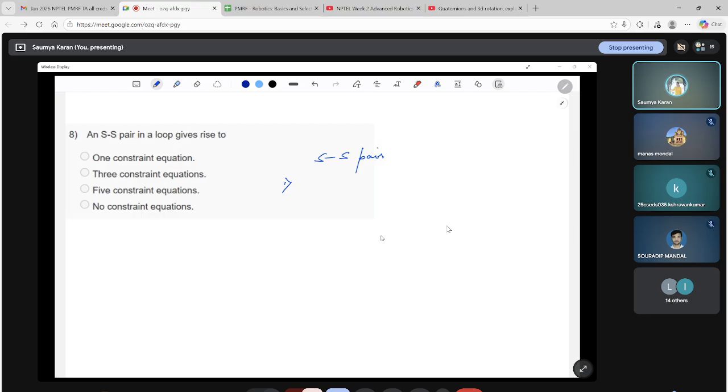Spherical joint to spherical joint, and each spherical joint allows 3 rotational degrees of freedom. No translation is allowed at either joint.